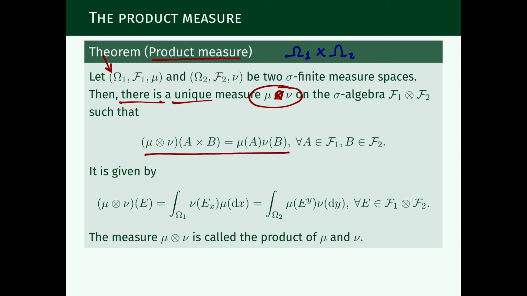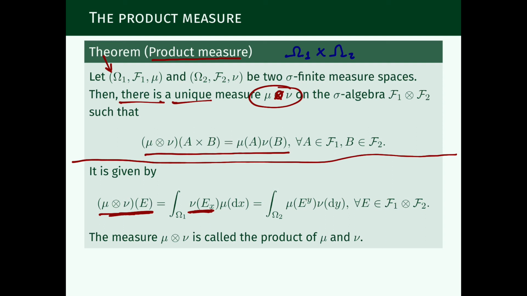Now the second part of the theorem, which we don't use as often in practice, but we also do use it, is that we can compute this measure in two different ways. The first way is we let x be a variable. We take the section at x, we compute the measure of that section.